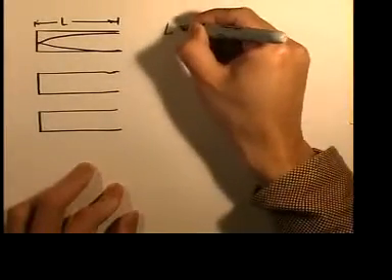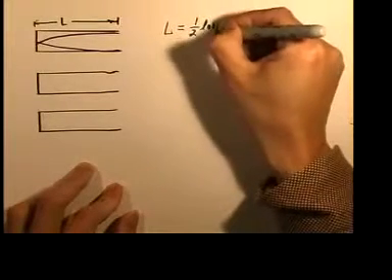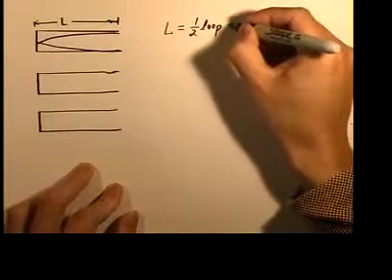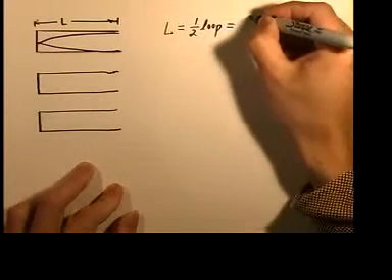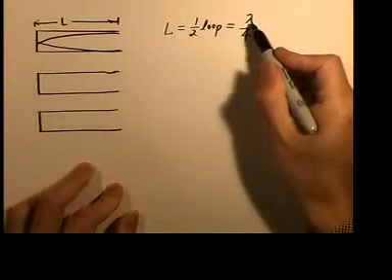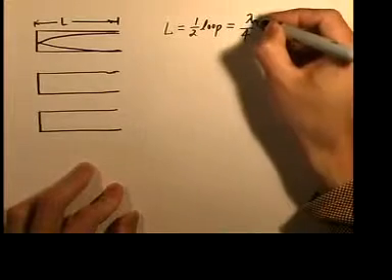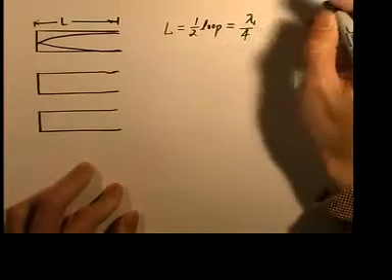So the length L in this case would have to be only half a loop. Now, how long is each loop in terms of wavelength? We learned that it is half a wavelength, so this is actually lambda over 4. In other words, this wavelength is 4 times the length of the pipe. We call it lambda 1. That is the longest possible wavelength.